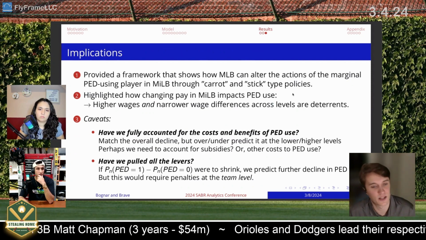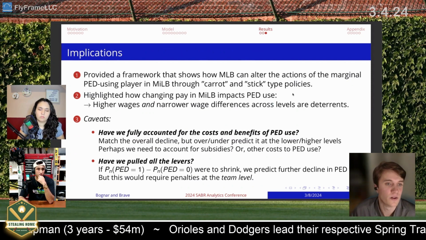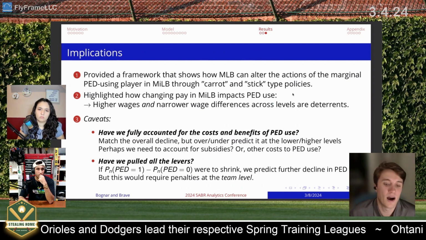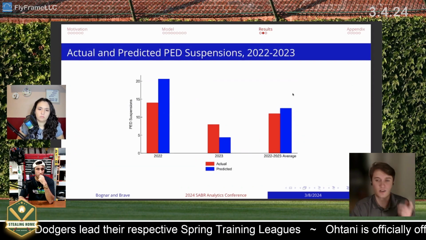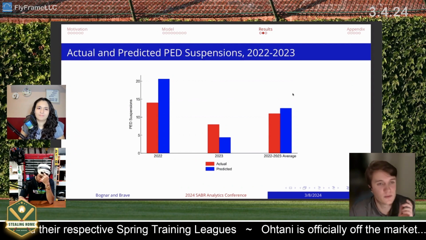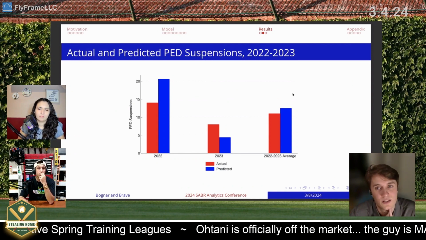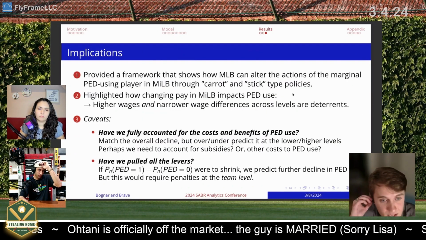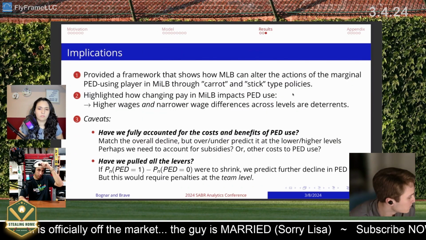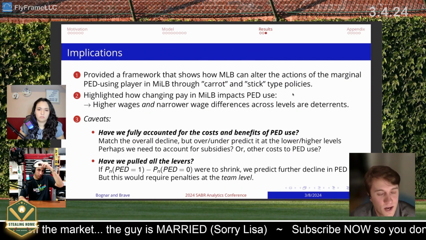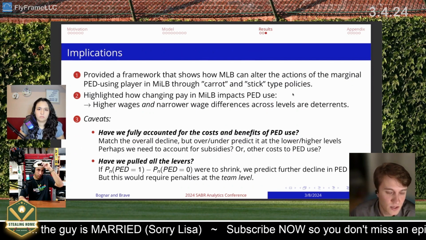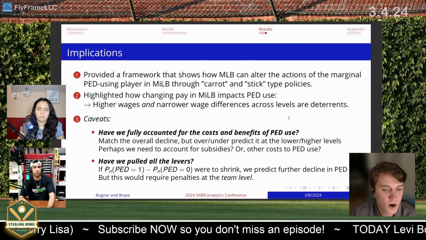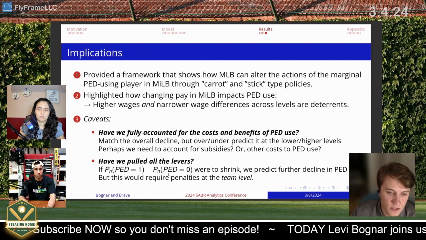The last caveat I want to get into is, naively, somebody might listen to this presentation and say, oh, wow, look at those numbers. The league has done a great job. They've pulled all the levers in terms of maximizing the reduction of PED use in minor league baseball. And I don't necessarily want you to take that away from this presentation, because one of the key inputs into this model are these transition probabilities.